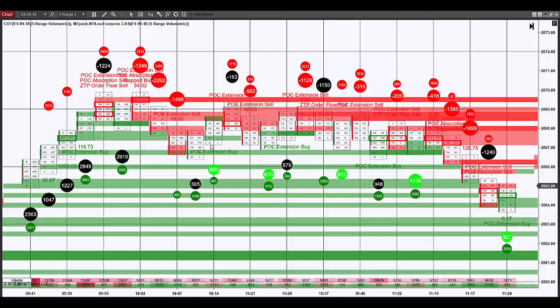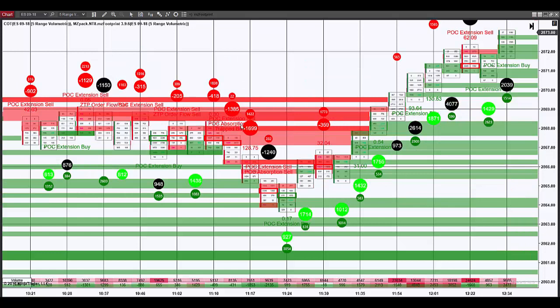In the previous video, we only saw absorptions down here, and in this case we are seeing extensions being created, which is slightly different. But as you can see, what happens is this last POC extension is also combined with a ZTP order flow, and I realize that might be a little bit hard to see, and we have numerous ZTP order flows here and again back here, which we don't see any on the buying side.